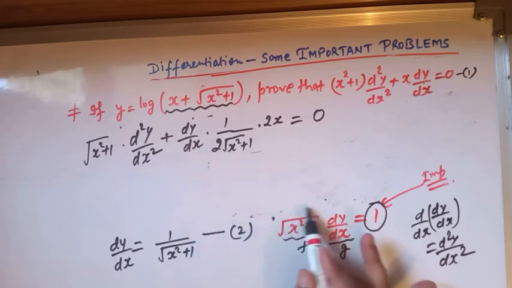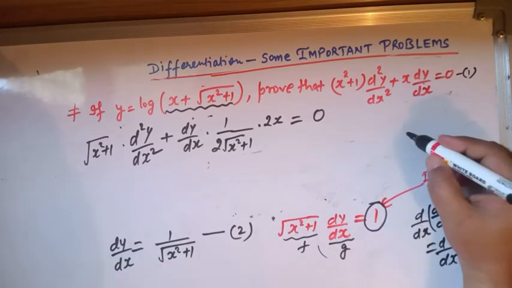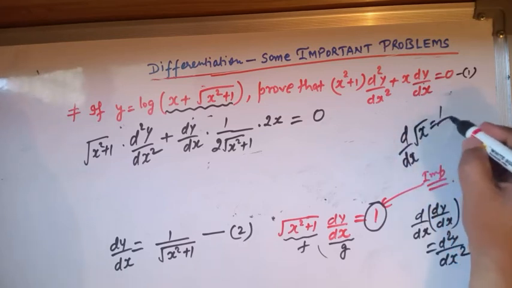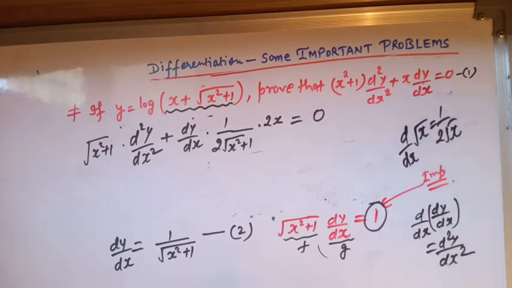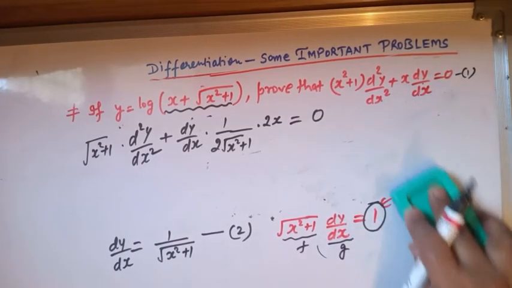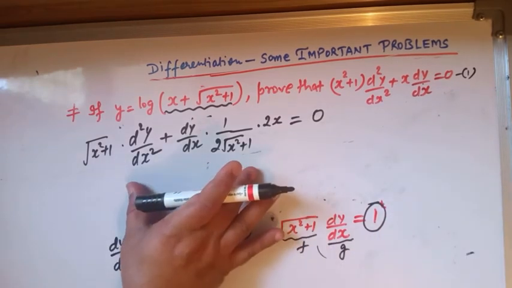So the derivative of square root function, always remember the derivative of square root function, say root x, is always 1 over 2 root of x. Clear? So we have this step.